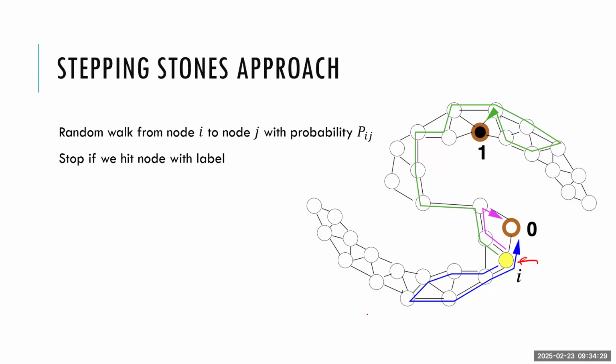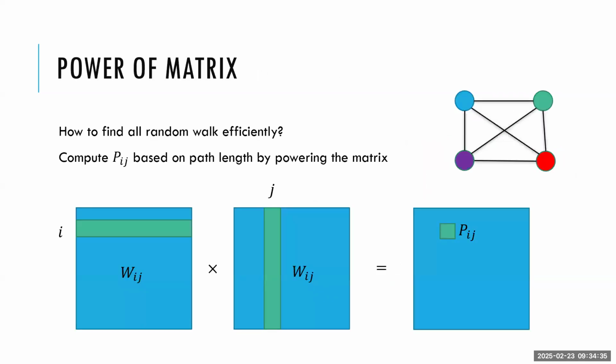To compute the random walk efficiently, we are going to use a matrix. You have the sparse matrix with the weight for every i and j, and the probability of going from i to j. Basically, you multiply the weight from i to something else, and then something else to j. You look at all the possible ways from i to reach j, and then you sum up the probability.